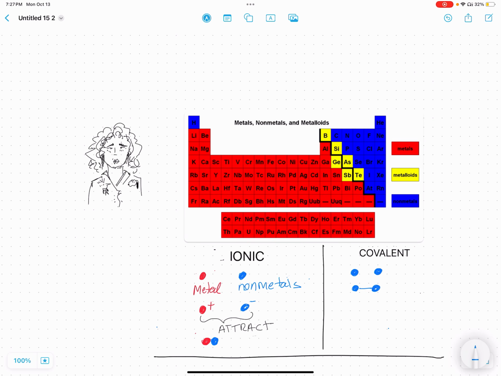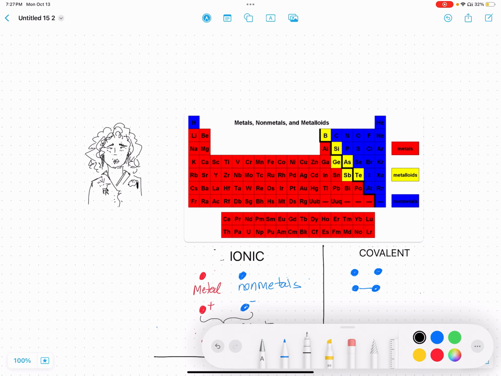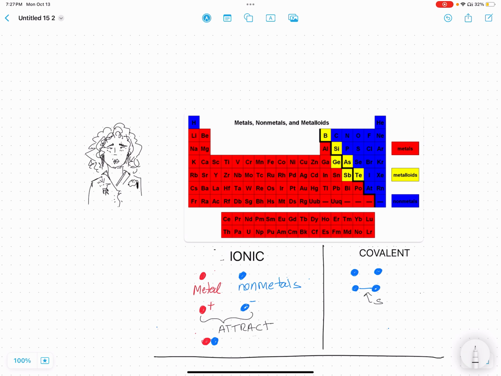Instead of a transfer like in ionic bonding, there's a sharing of electrons. So the electrons here are shared. That's the premise of covalent bonding.